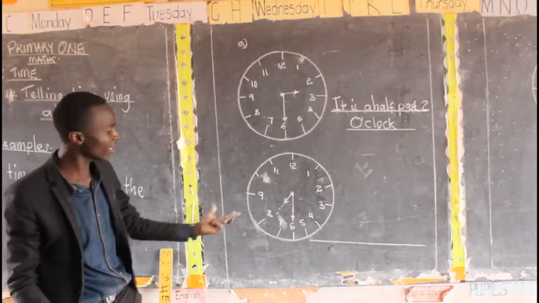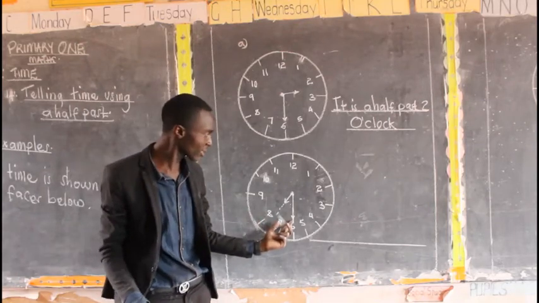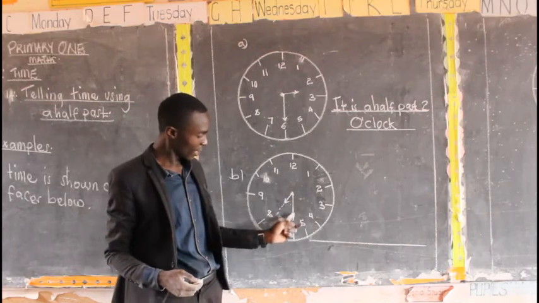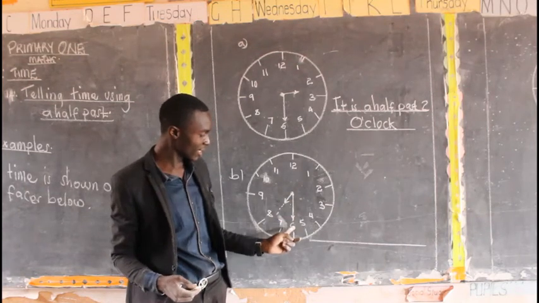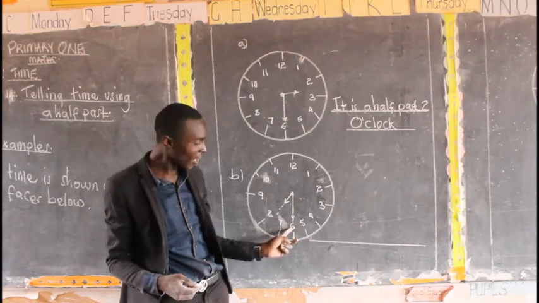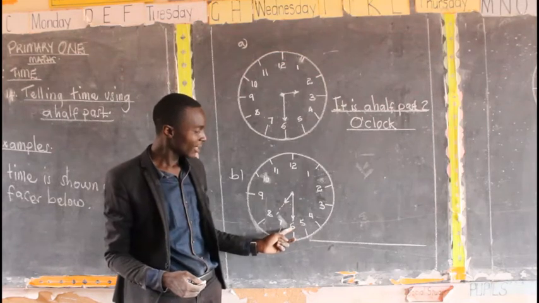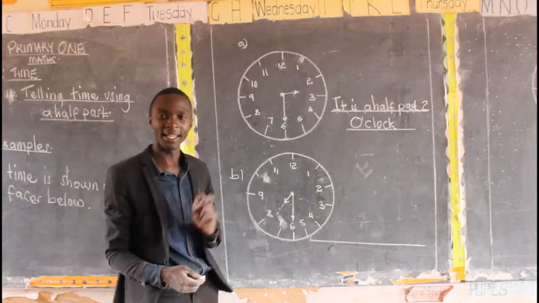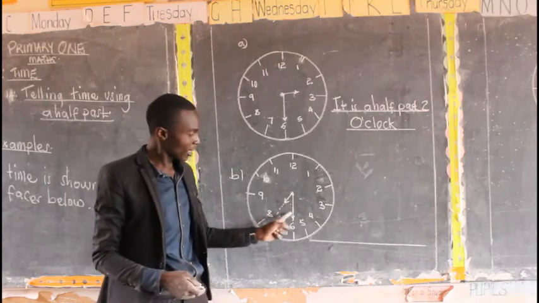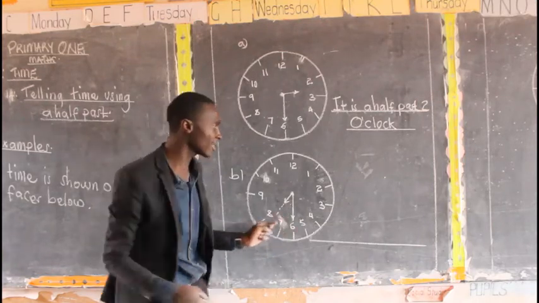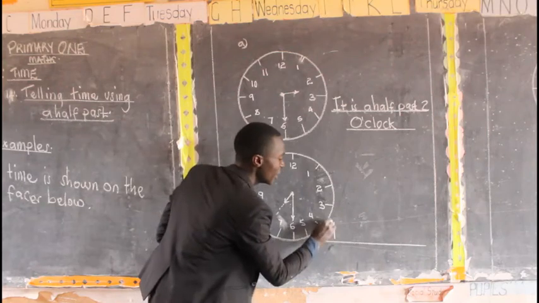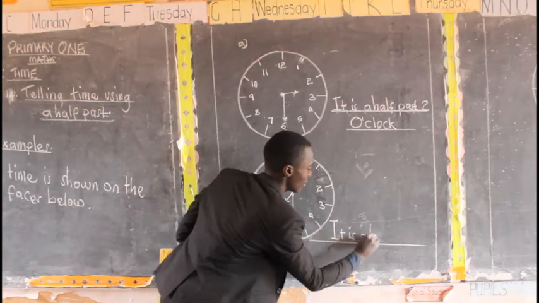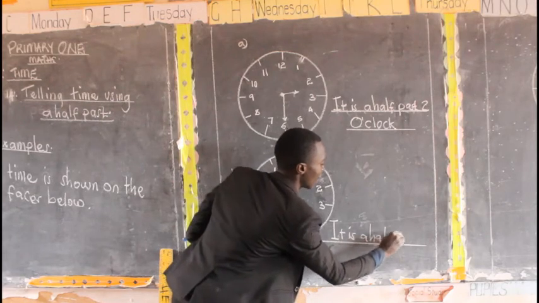The next one is part B. The long minute hand is facing 6, while the short hour hand is facing in between 7 and 8. Because the long minute hand is facing 6, we say it is a half past.